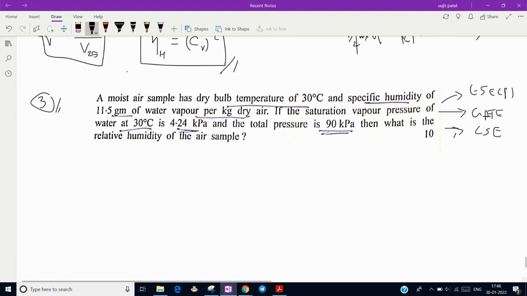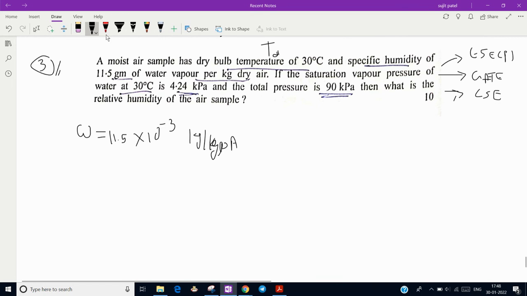So a moist air has a dry bulb temperature Td. The specific humidity omega is equal to 11.5 gram of water per kg of dry air, but I am writing it in the SI unit: 11.5 times 10 power minus 3 kg per kg of dry air.